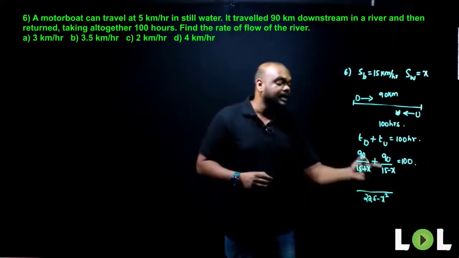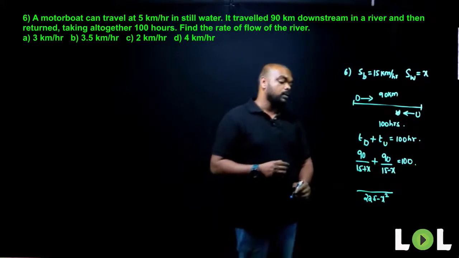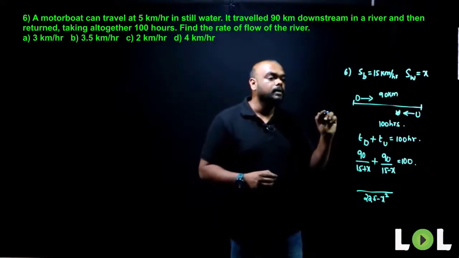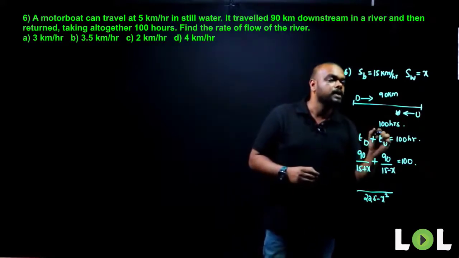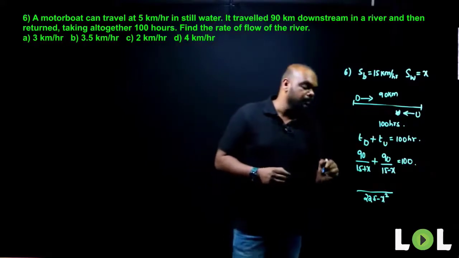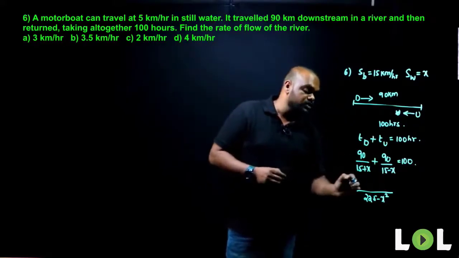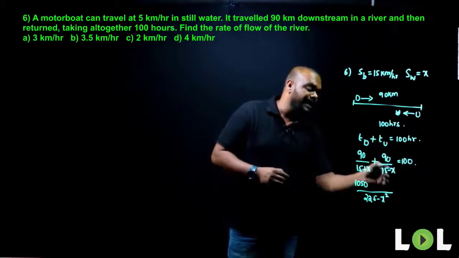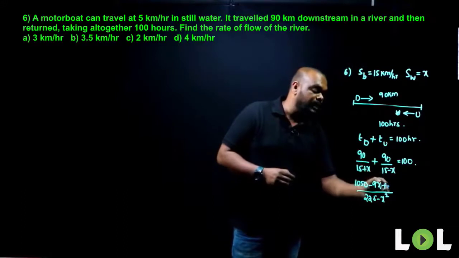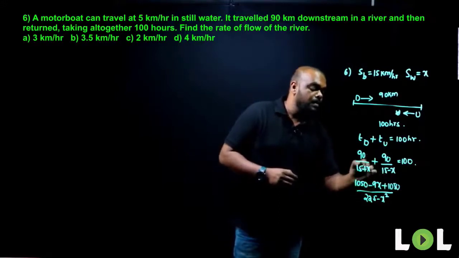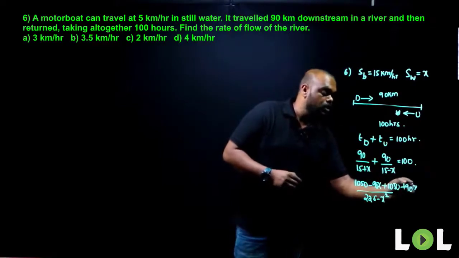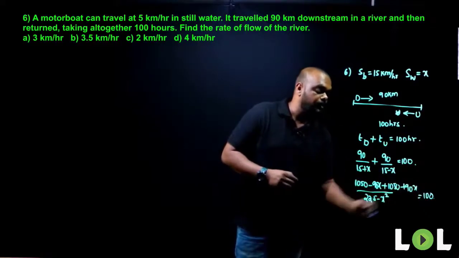In the numerator, 90 into 15, which is 1350, minus 90x plus 90 into 15 again, plus 90x. Altogether this should be equal to 100.